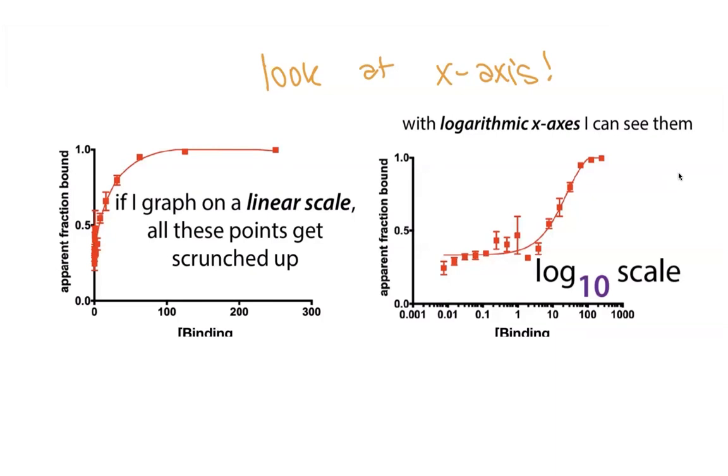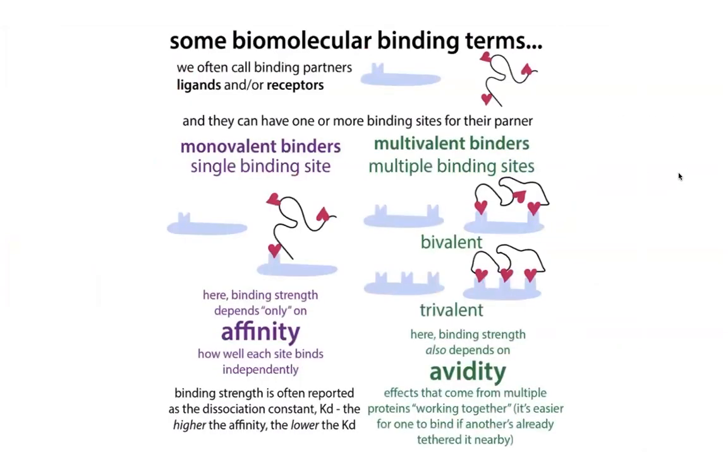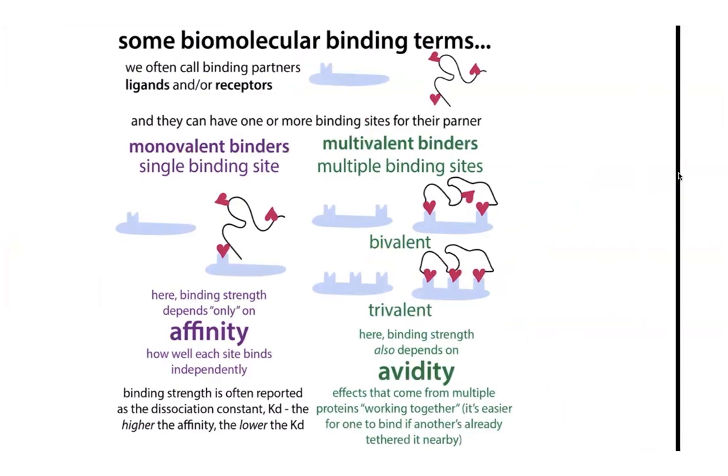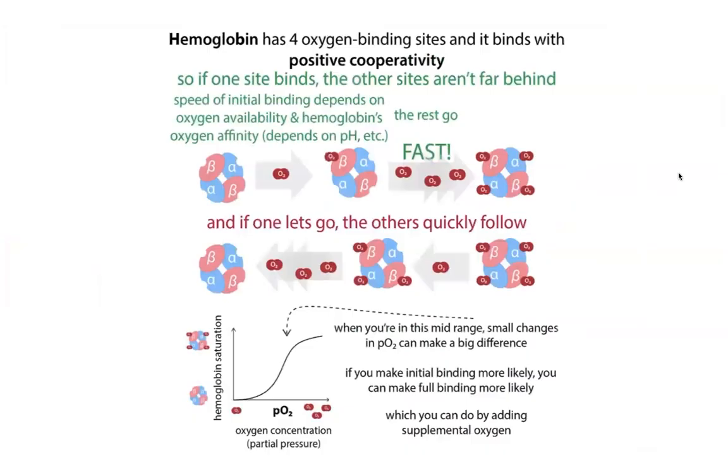You might see a sigmoidal if you're in linear scale, if you have something that has multiple binding sites and shows cooperativity. We'll get much more into this when we talk about hemoglobin. So hemoglobin has 4 binding sites for oxygen, and it binds cooperatively, which means that when oxygen binds one site, it makes the other sites more likely to bind.